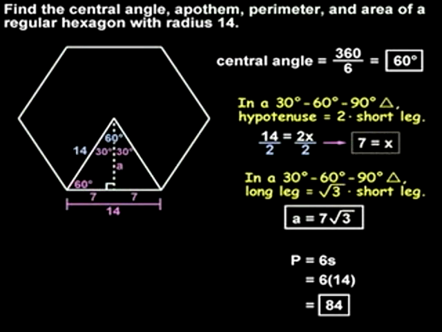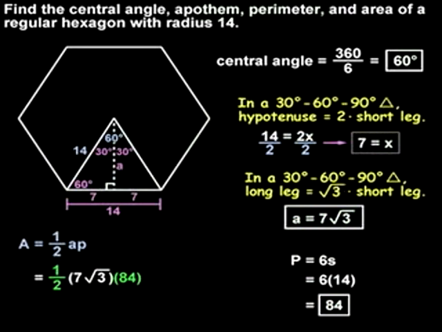Finally, to find the area of the hexagon, remember that the formula for the area of a regular polygon is 1/2 apothem times perimeter, which in this case is 1/2 times 7 root 3 times 84.